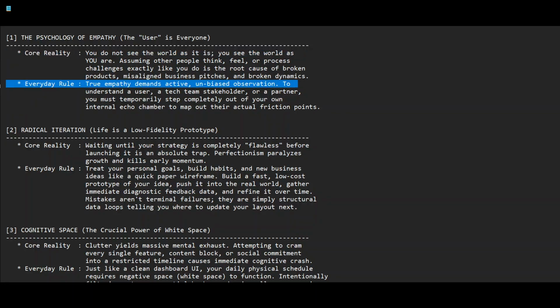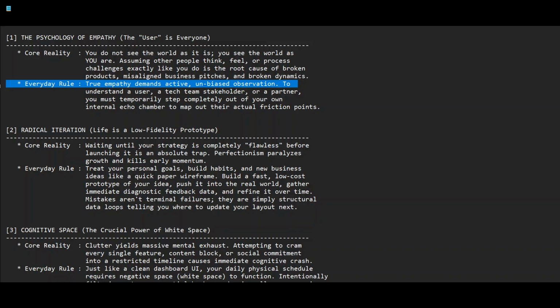So that's the thing. You can think of it as an everyday rule. True empathy demands active, unbiased observation. To understand a user, a tech team, stakeholder, or a partner, you must temporarily step completely out of your own internal echo chamber to map out their actual friction points.